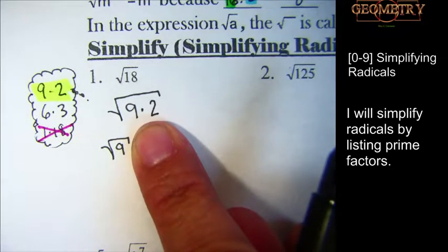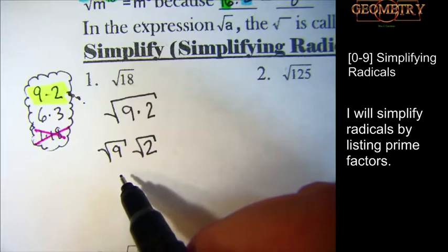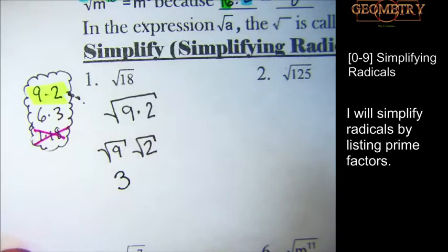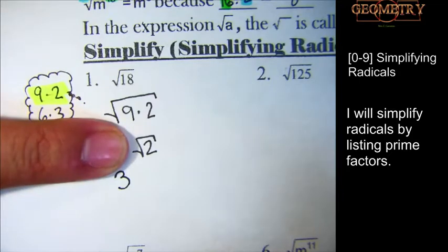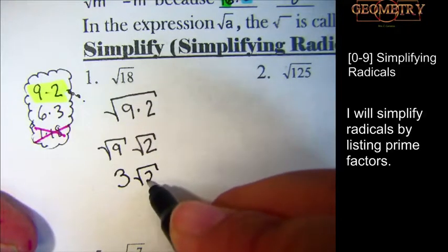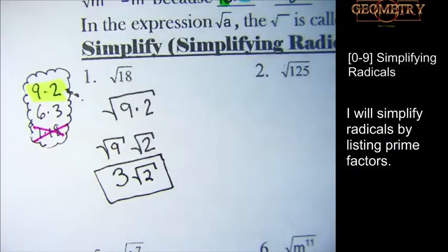What's the square root of 9? 3, because 3 times 3 is 9. So I'm going to replace the symbol for square root of 9 with the symbol for 3. And then I can look at the other radical. There's nothing to do. So I'm just going to bring that down. I've done everything I can do, and so I'm done.